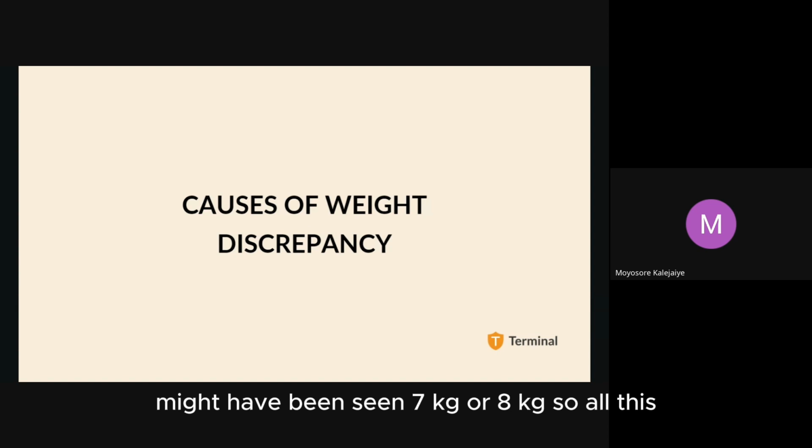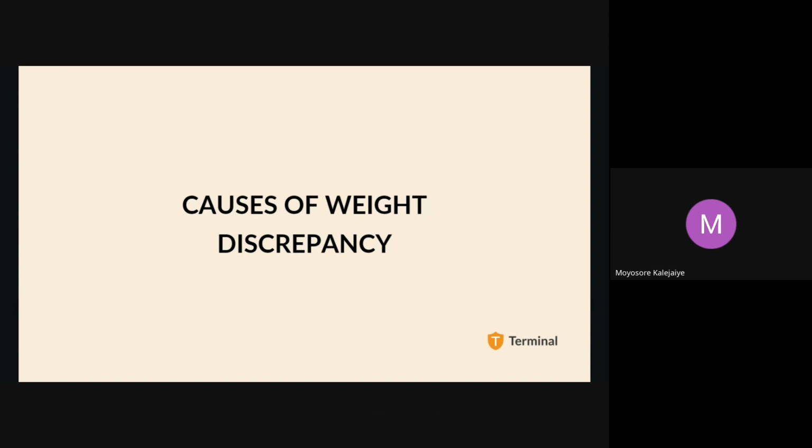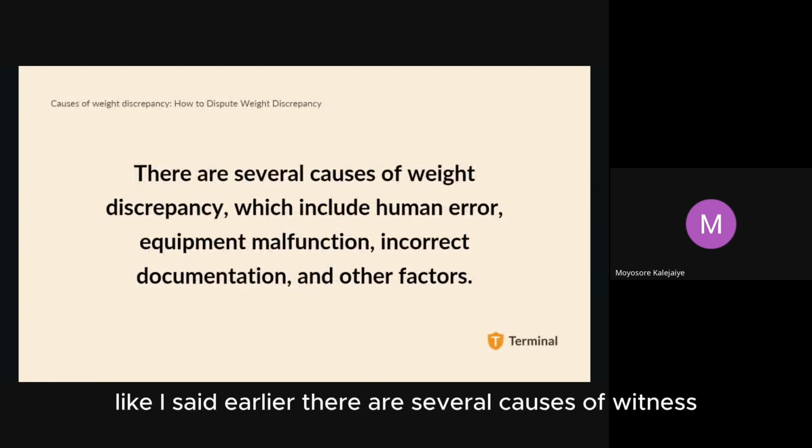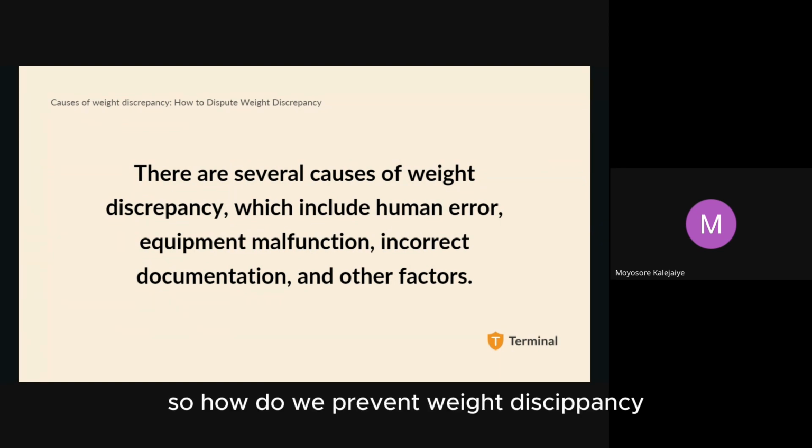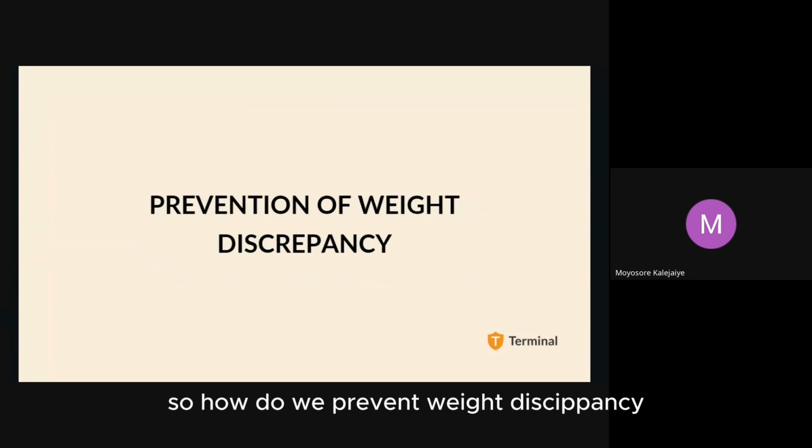So all these malfunctions that I've highlighted are issues that can pose a weight discrepancy problem. Like I said earlier, there are several causes of weight discrepancy, which include human error, equipment malfunction, incorrect documentation, and other factors. So how do we prevent weight discrepancy?